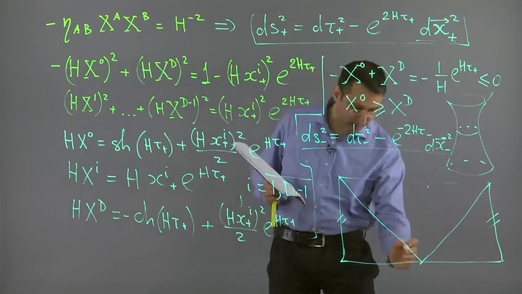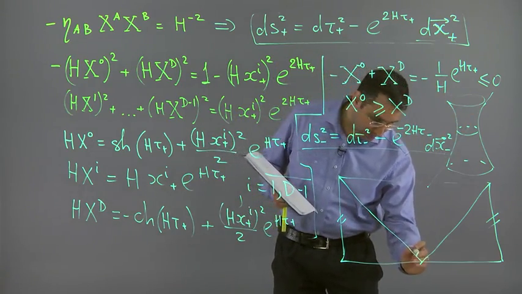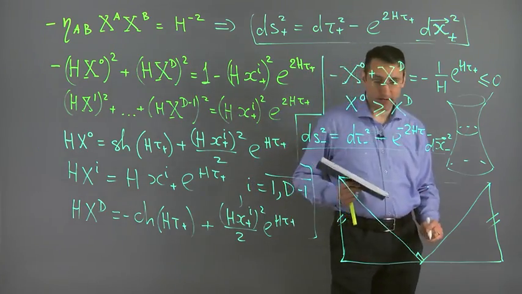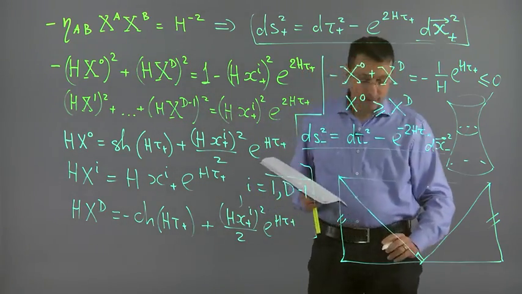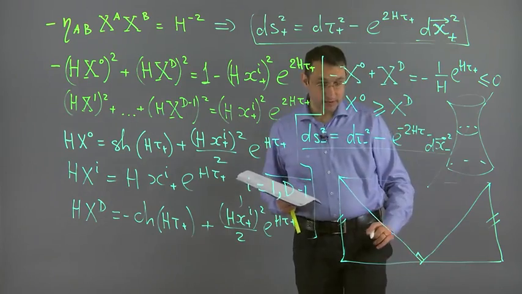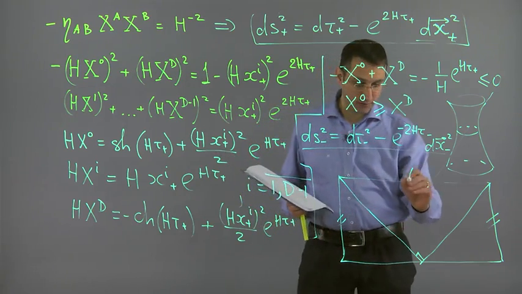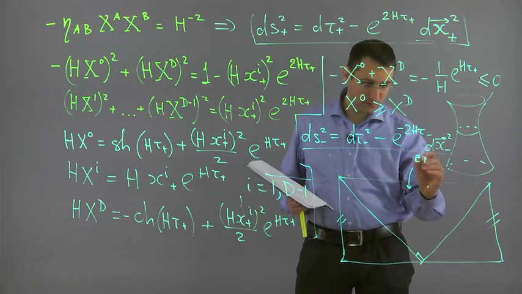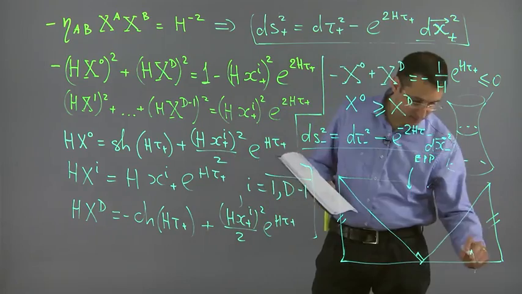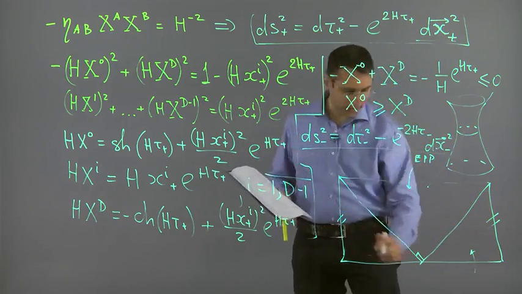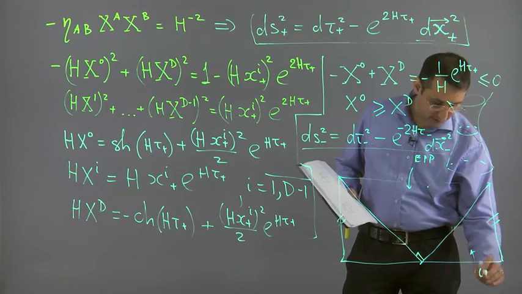So these are light-like lines. So this is a 90-degree angle here. And one can see that this is the expanding Poincare patch. And this, remember, is glued to this. This is the contracting Poincare patch.